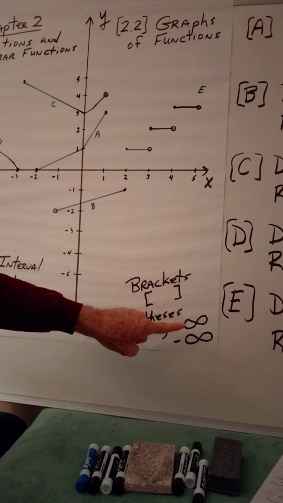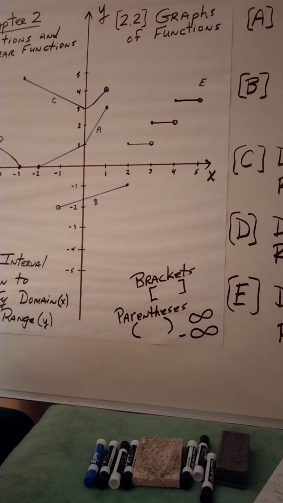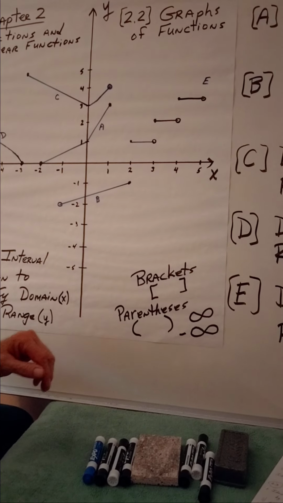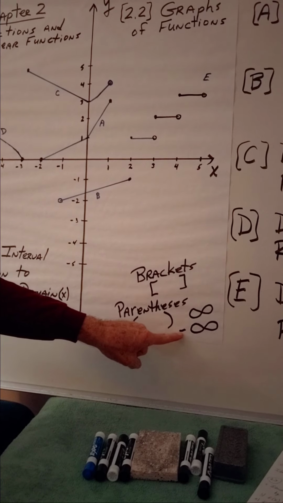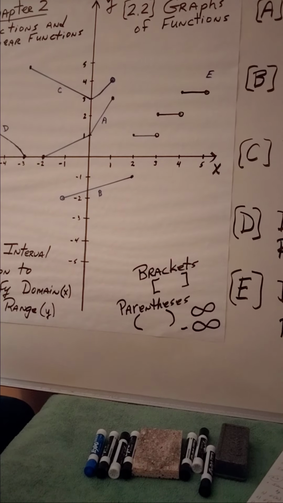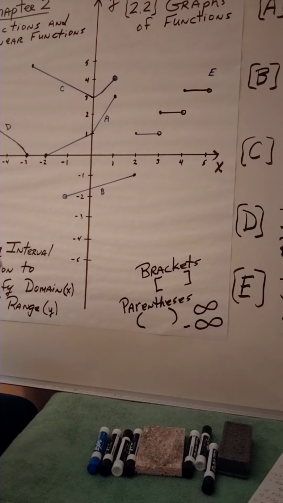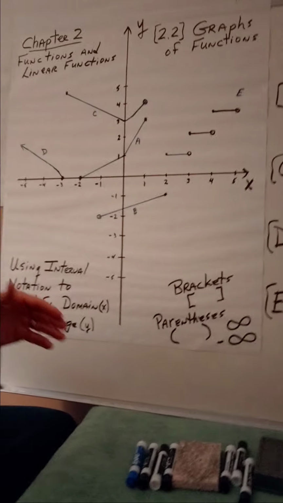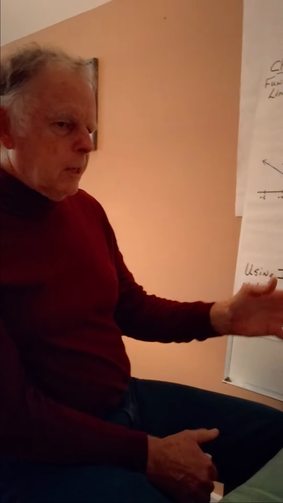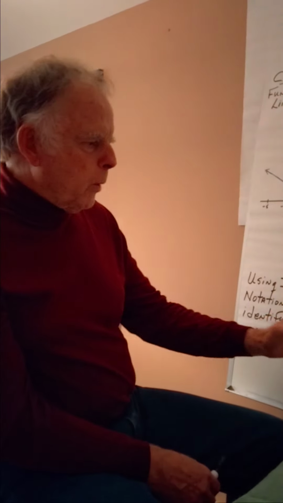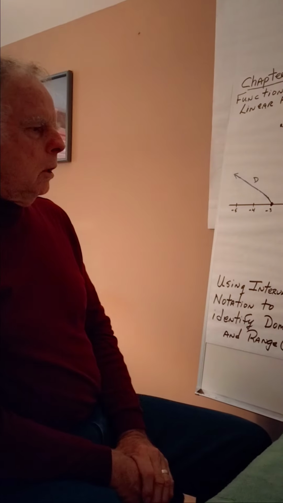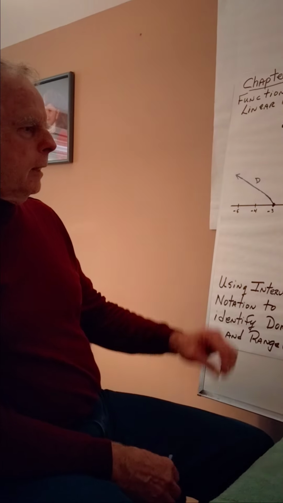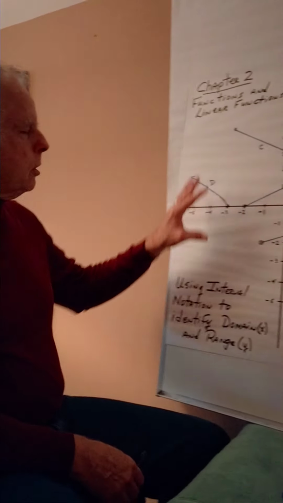We'll be using a positive infinity symbol, and we very likely today might be using a negative infinity symbol. Interval notation uses brackets, parentheses, and the infinity symbol. And we'll point that out when we begin to identify the domain and the range.